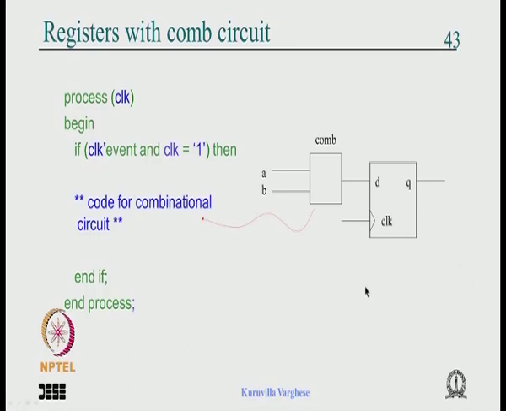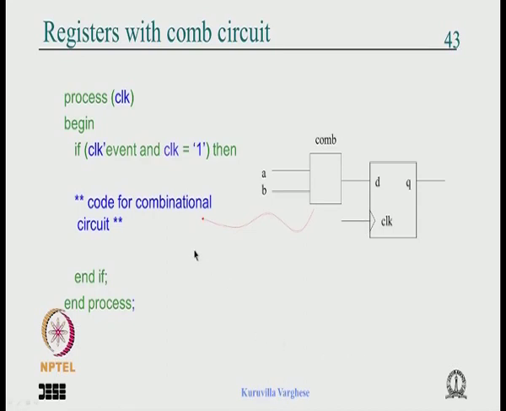So you can always combine some combinational circuit followed by a register in a single process. It is a very convenient way of writing the RTL code, register transfer level code. I have avoided the jargon, but that is what it is, this is nothing but the RTL code, that is what I have been describing all along. Even in digital design I was emphasizing that.